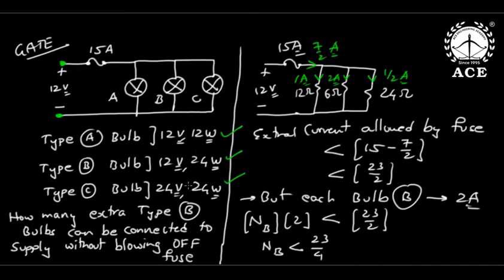Originally this is a 24 volt and 24 watt bulb. By connecting to 12 volts, only half ampere is flowing. That means it is dim only. Bulb C is underrated operation. Bulb A and bulb B are rated operation. Clear, sir. Thank you, sir.